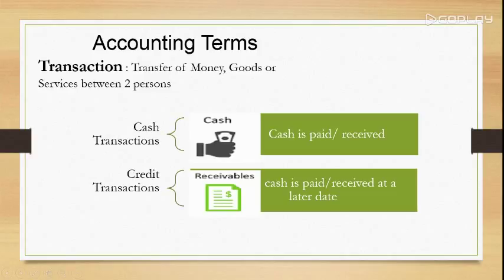Credit transactions are those transactions where cash is paid or received at a later date. For example, if we buy something from other business and we pay them at a later date, then it is called credit transaction. Similarly, when people buy from us and they pay us at a later date, it is called credit transaction.